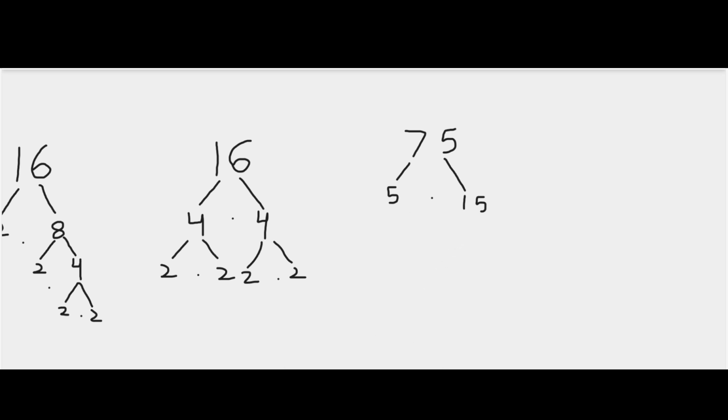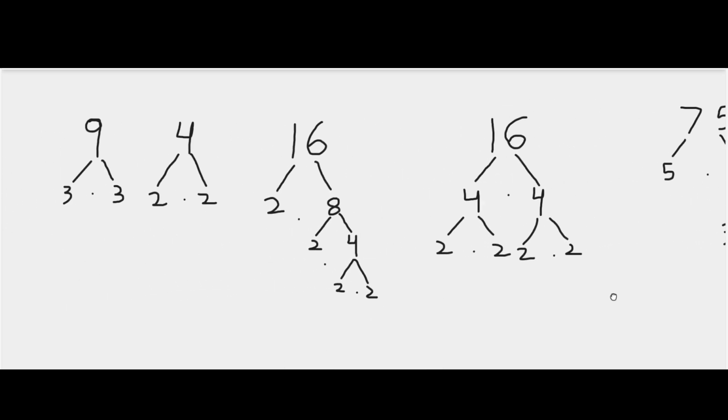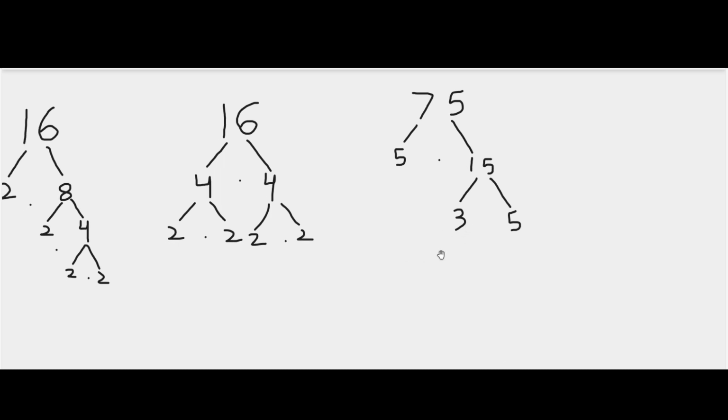15 though. Let's say 3 and 5. Well, 3, did we do that one yet? We did. 3 can't be broken down. It just turns into 1 and 3. We just did 5.